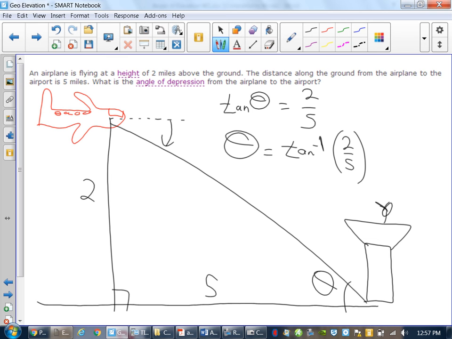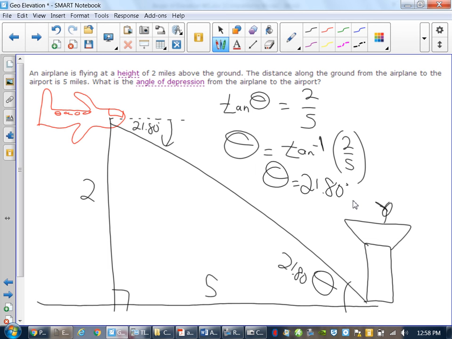So now if you hit the buttons, what do you get for an angle? 21.80. So that's this here, 21.80. And that's how this is going to work. Not so scary, is it? It is fairly easy.